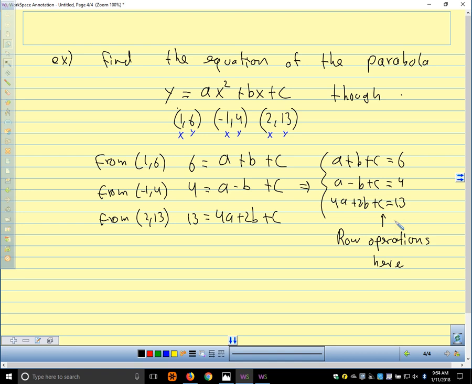Eliminate a, eliminate these a's, eliminate these b's. And once you do that, you would see that a equals 2, b equals 1, and c equals 3. So my answer, my parabola, would be y equals 2x squared plus x plus 3.